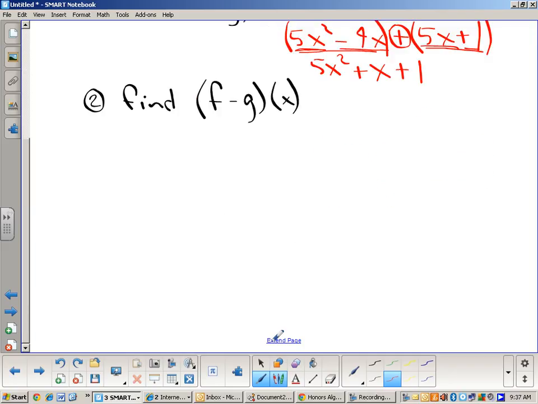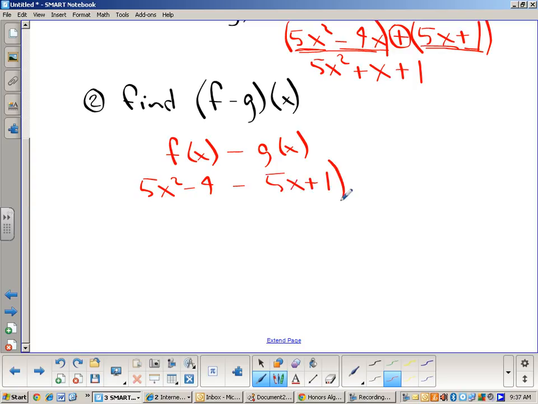Okay, subtraction. Again, this means f of x minus g of x. So 5x squared minus 4x, minus 5x plus 1. Now, last time we said the parentheses are not important because we were adding. But this time we're subtracting. So are parentheses important here? Yes, that's correct, because we have to distribute our minus sign to every term in that second function, not just the first term.